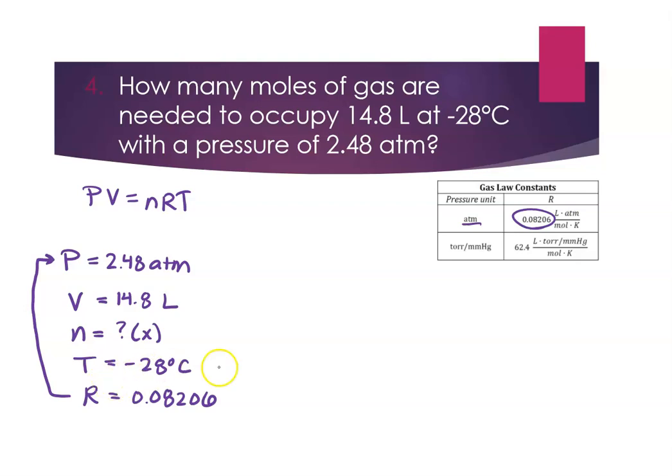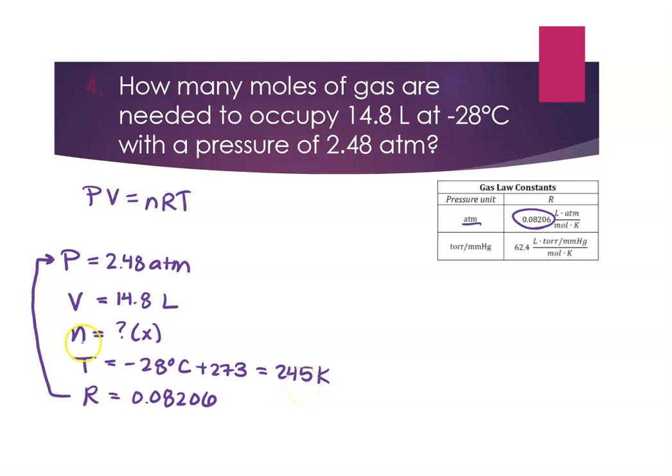My temperature is in Celsius, so I need to add 273 to get it into Kelvin, and that's going to give me 245 Kelvin. Even though there's 2 sig figs here, when I put it into Kelvin, it's 3 significant figures.